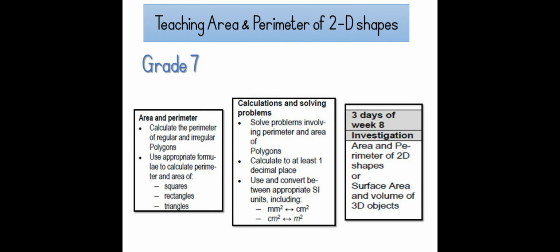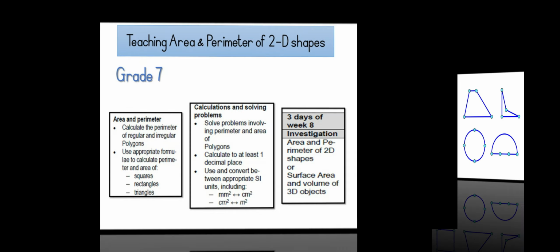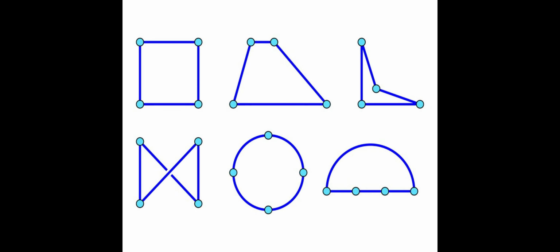Grade 7 learners should spend 7 hours working with this topic in the third term. They will be expected to calculate the perimeter of regular and irregular polygons and apply appropriate formulae to calculate the perimeter and area of squares, rectangles, and triangles.